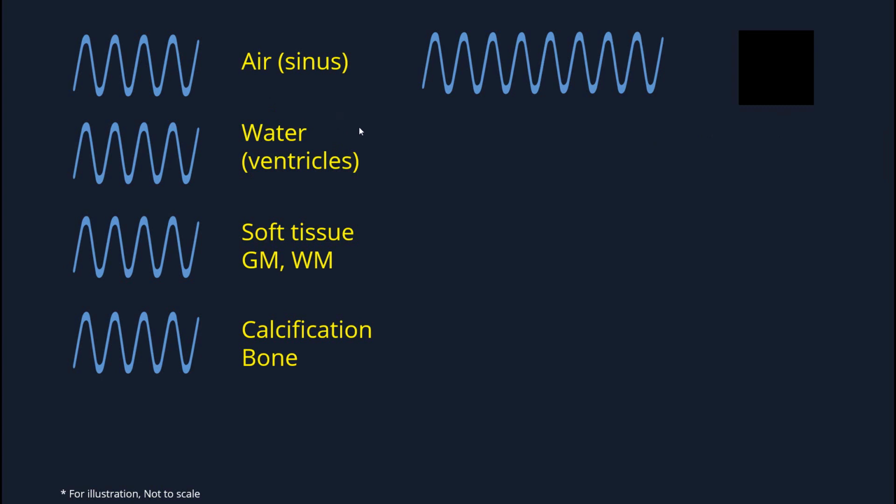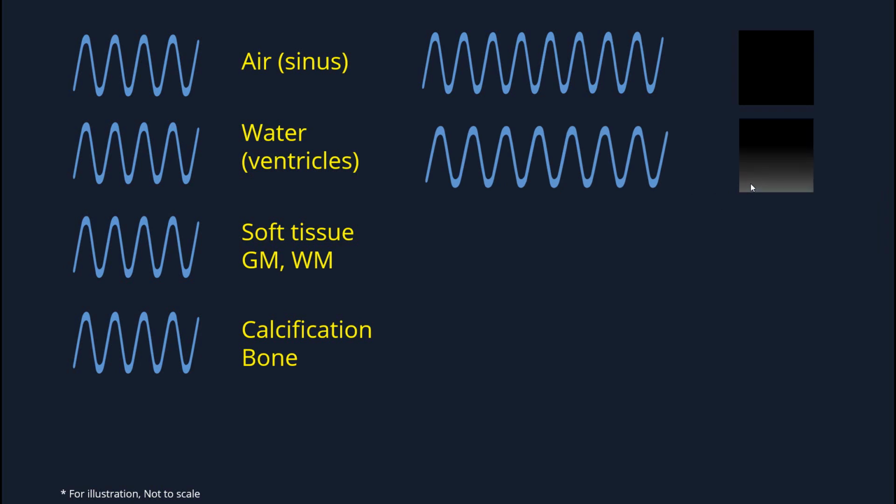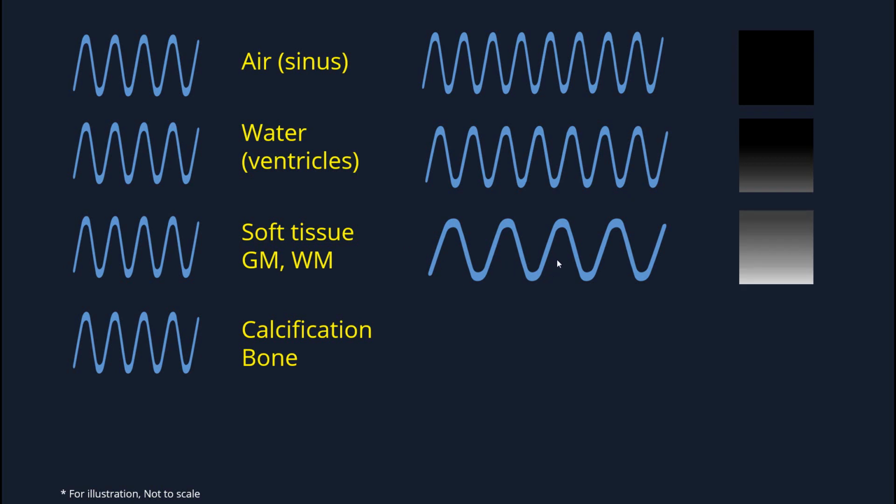The denser the structure, like water in the ventricles in our case for neuroradiology, the more there is slight attenuation of the radiation that's exiting, and now the detector captures that and translates it into a lighter shade of black or a shade of gray. As structures become denser, in this particular case gray matter and white matter in the brain, there is more attenuation of the waveform, and that's translated into a lighter shade of gray. With calcifications, as you can expect, there is significant attenuation of the waveform, and that projects as a shade of white.